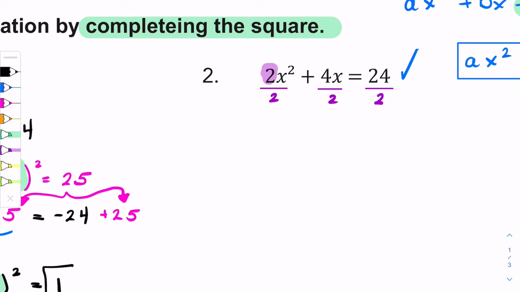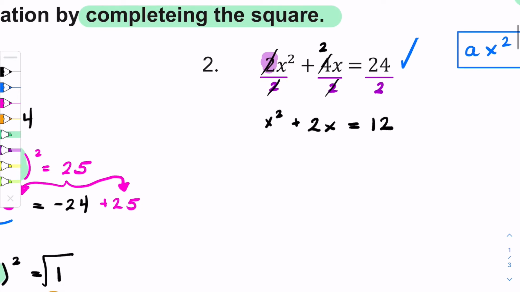2x squared divided by 2 becomes just x squared. 4x divided by 2 simplifies to 2x. And 24 divided by 2 is 12. At this point, I can take my b value. I can divide that by 2.